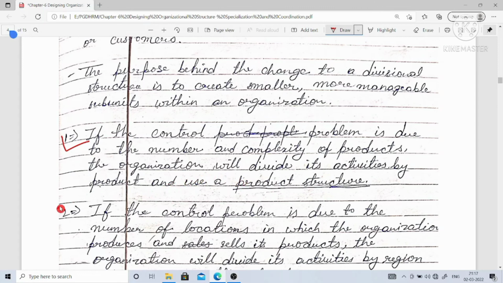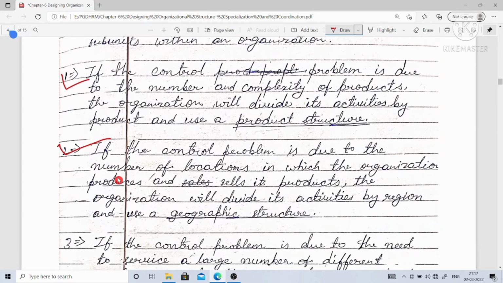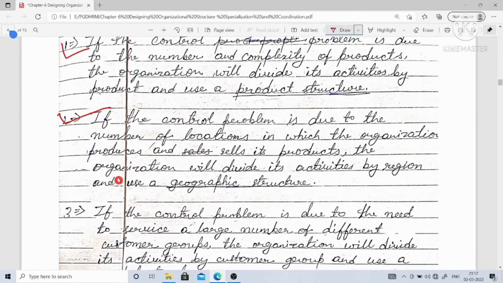Second: if the control problem is due to the number of locations in which the organization produces and sells its products, the organization will divide its activities by region and use a geographic structure.